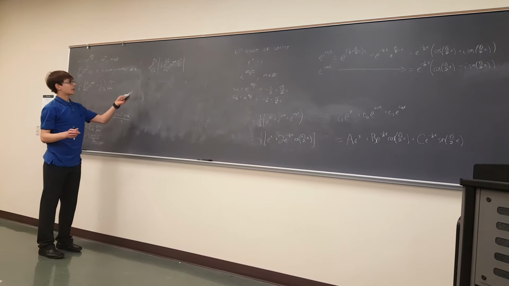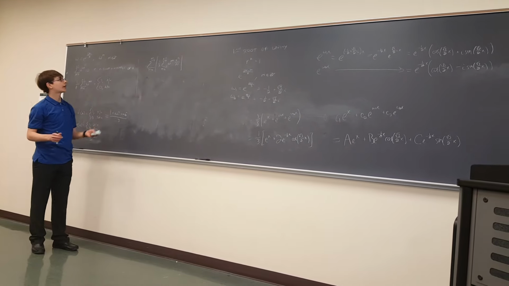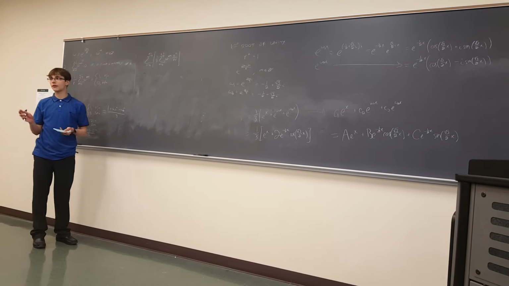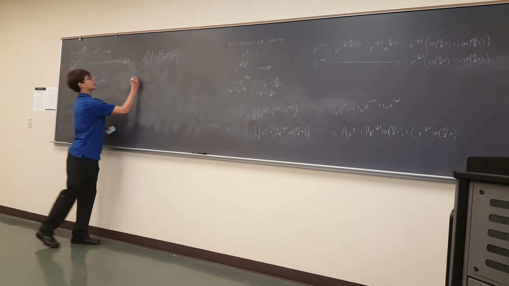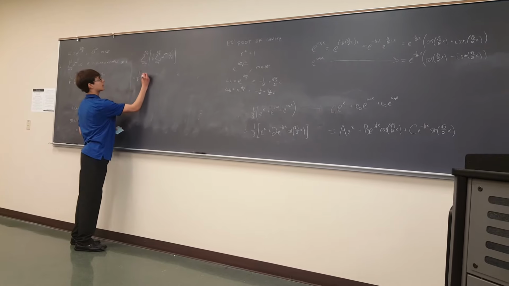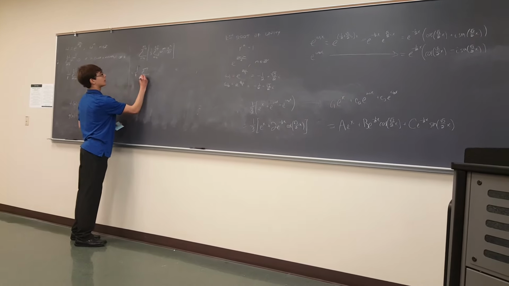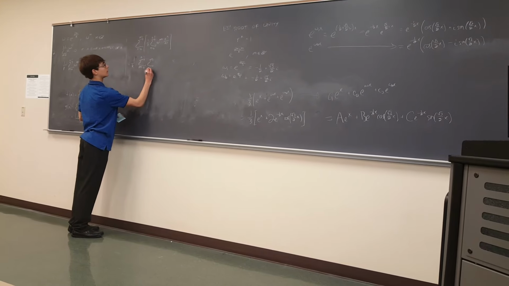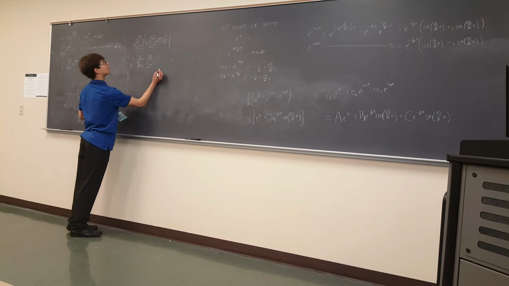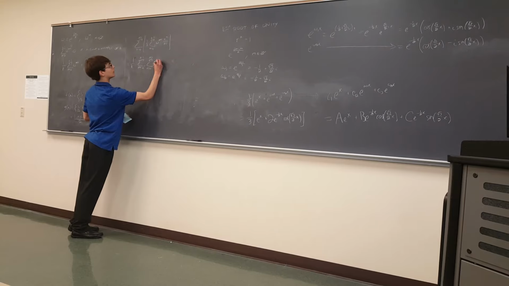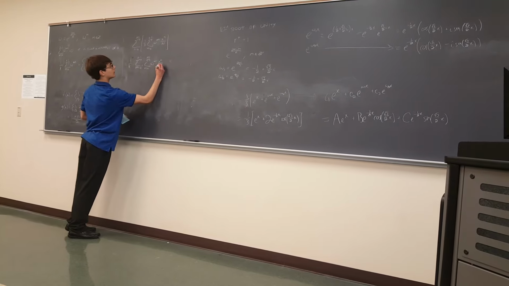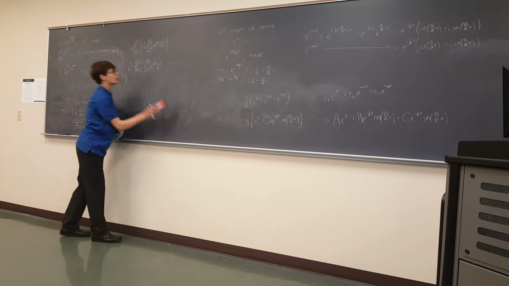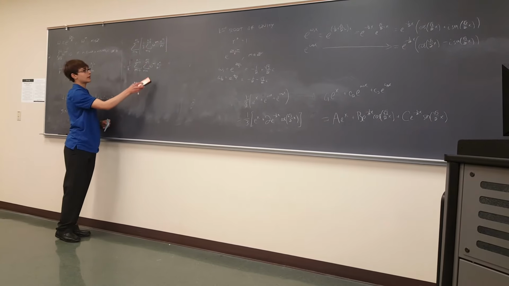And we can clean this up again. If you pull out the factor of 1 over k, you can actually just swap the sum signs because the bounds are independent of each other. So you can write this as 1 over k times this sum, and then here we have omega to the mn times x to the n.